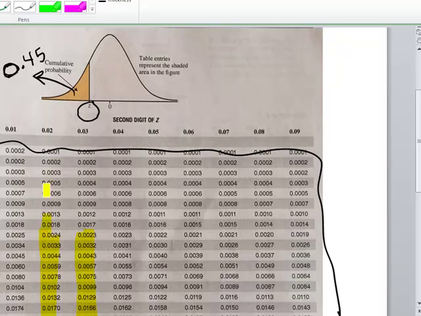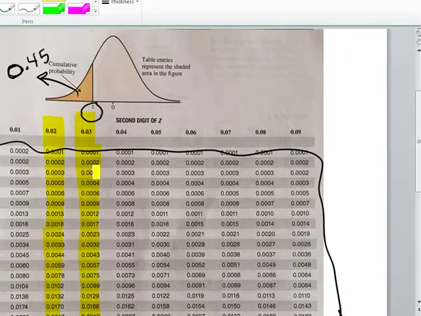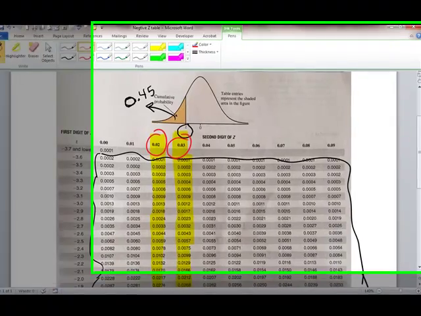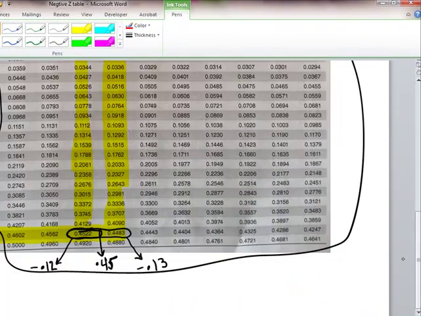Going up, I see 0.02 and 0.03. So that's how I know that the z-values are negative 0.12 and negative 0.13.